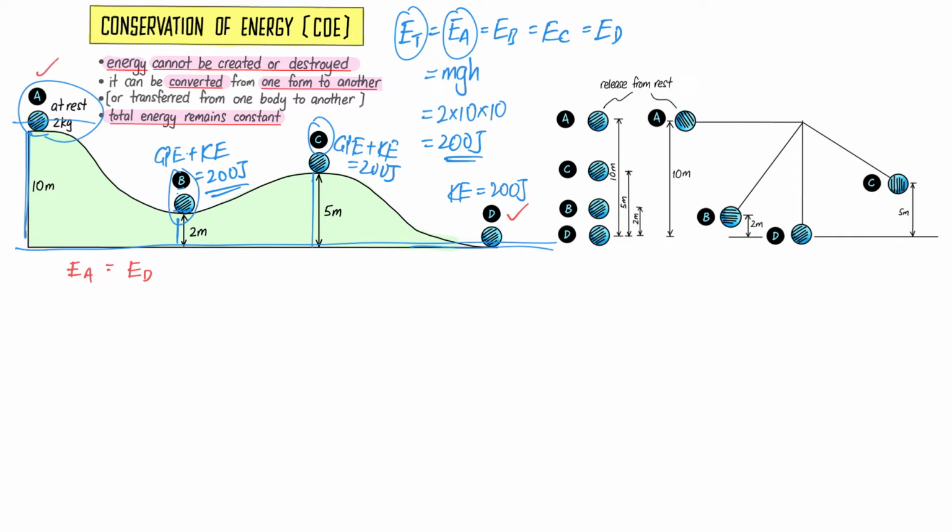But why A? Because at point A, it allows you to find the total energy of the system, because over here there's no KE and we are able to find the GPE, which we already found here, which is 200. Nonetheless, I'll still write it here, but I want you to follow this format because it's very systematic.